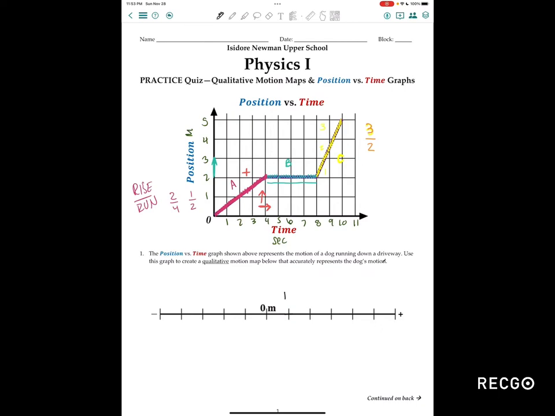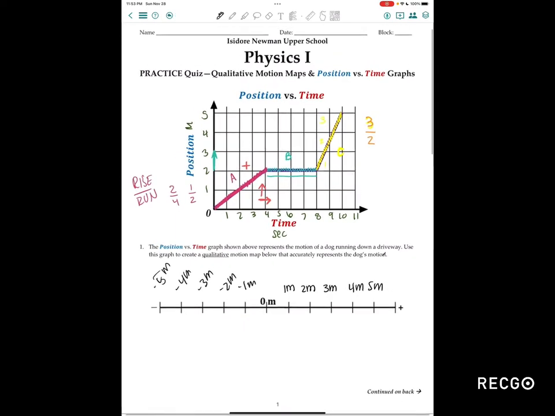We can also label this 1, 2, 3, 4, 5, -1, -2, -3, -4, -5. Oh, that is a 4. Meters. So let's look.